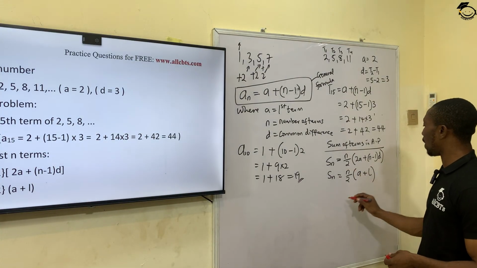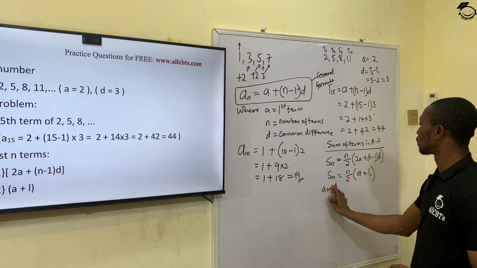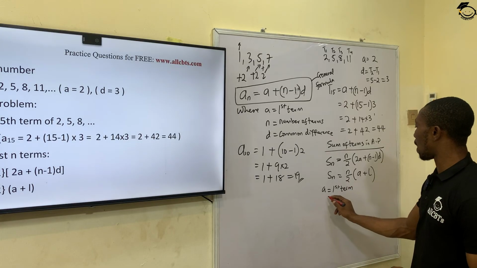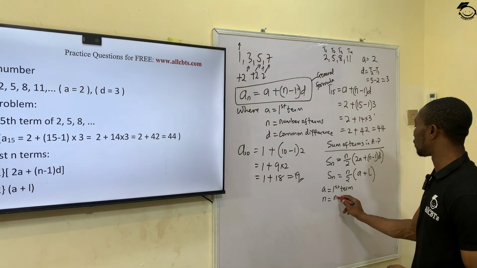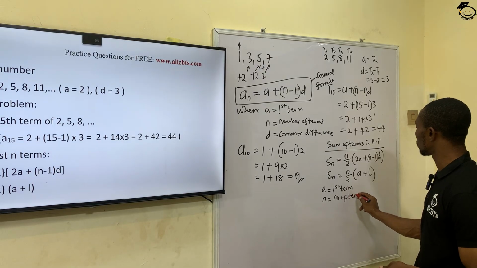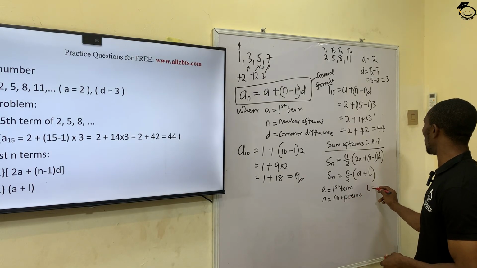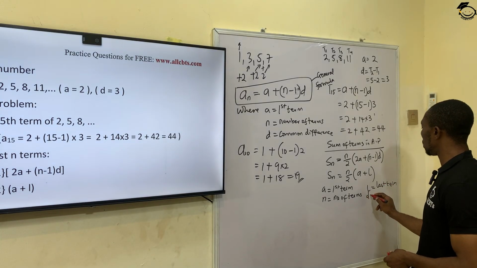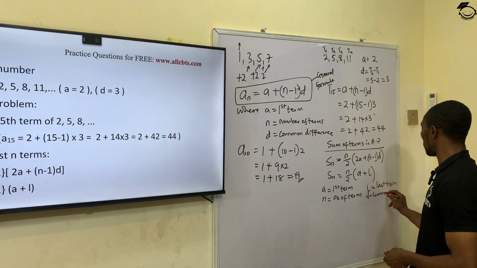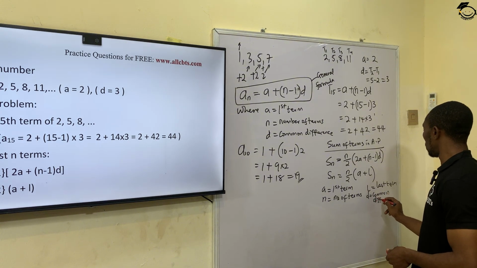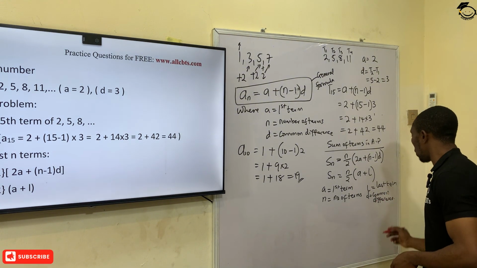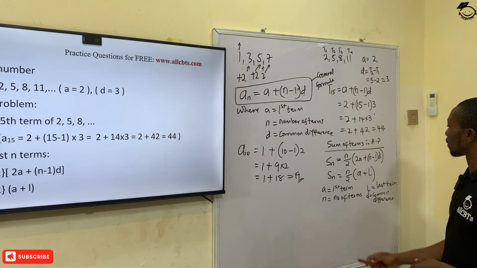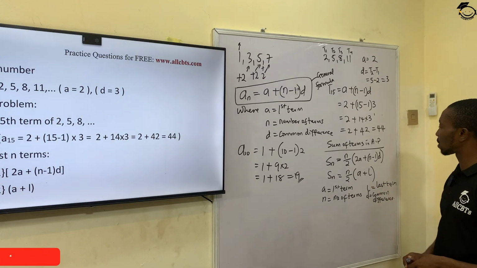Where a is our first term, n is the number of terms, l is the last term, and d is the common difference.